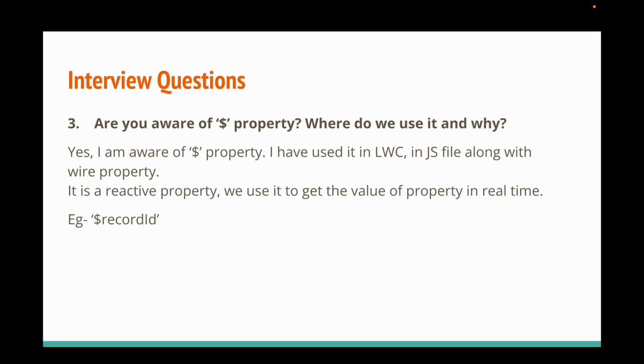So the answer is that if you have worked on LWC, you might have heard of the dollar property. In the JS file of LWC, when we are using the wire property, there is a variable which we assign with the dollar property if we want to fetch its value reactively, so that we can get the value of that property in real time. An example is dollar sign and recordId.